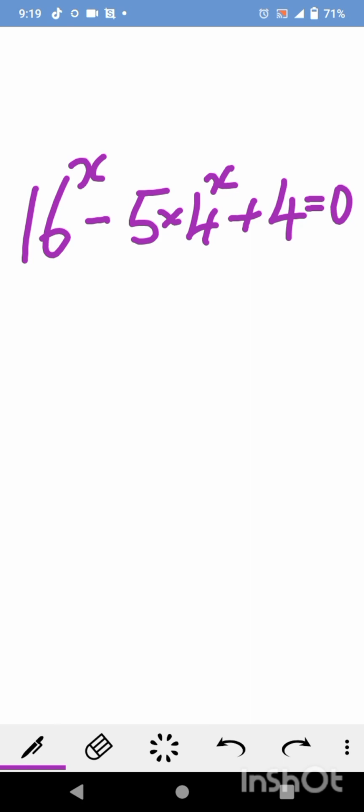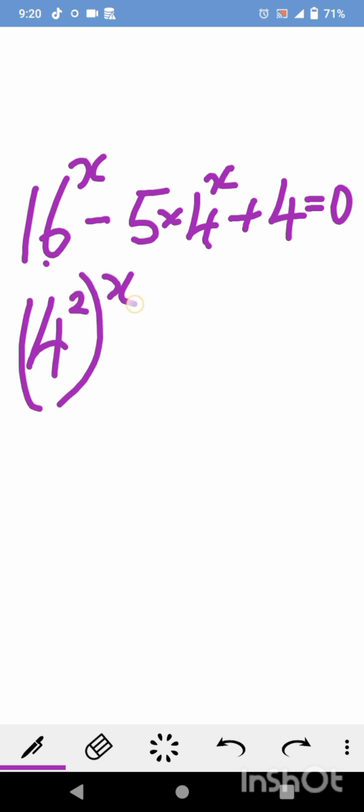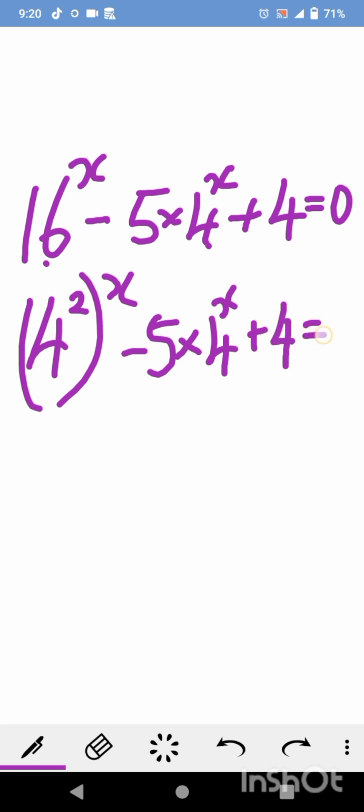Alright, so we continue solving. For this, all we need to do here is express 16 to be in base 4, and that will be 4 raised to power 2. Of course, the x was there, minus 5 times 4 raised to power x plus 4, of course, equals to 0.